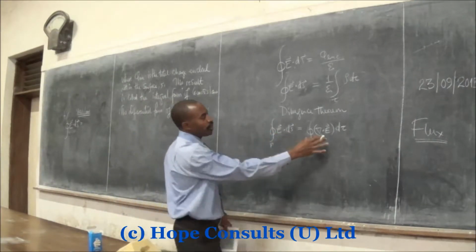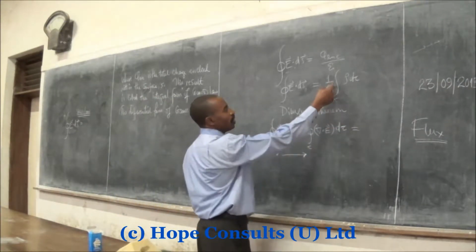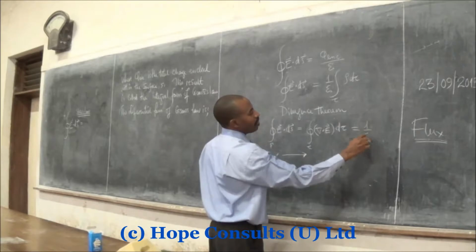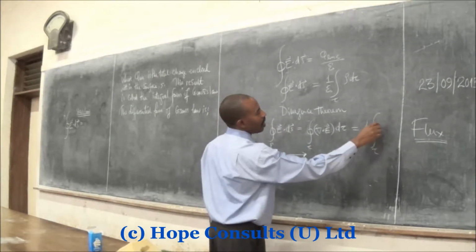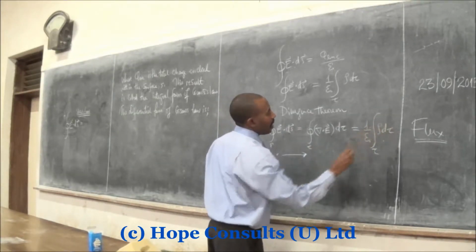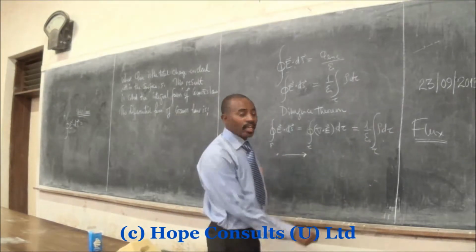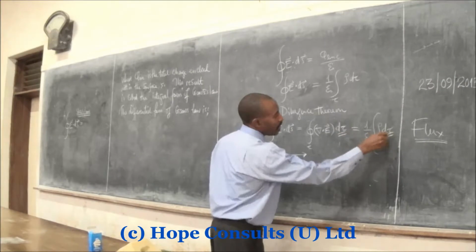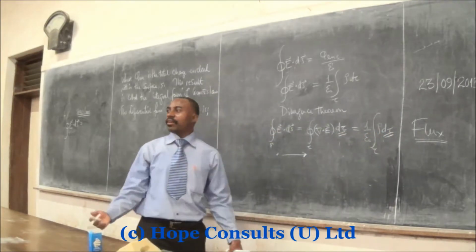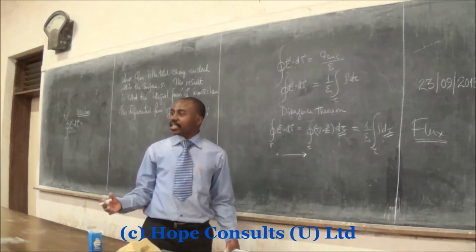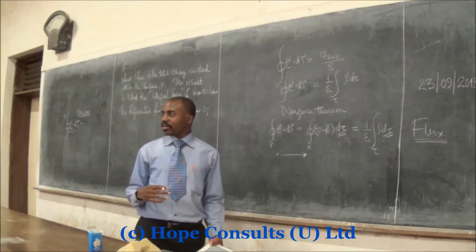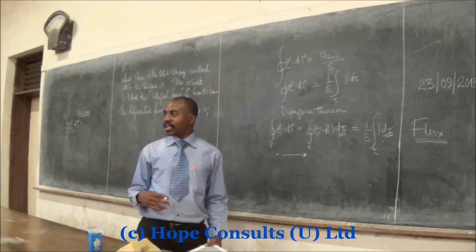if this is equal to this, so is equal to that, which will be 1 over epsilon naught integral over volume tau, rho d tau. And we know that if we are having two integrals over the same variable, and the two are equal, then the integrands are equal.